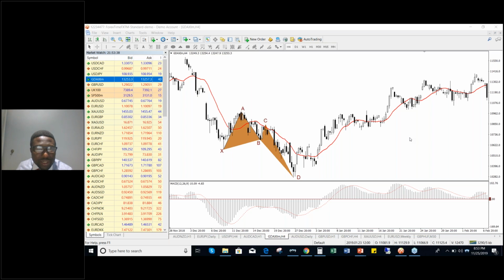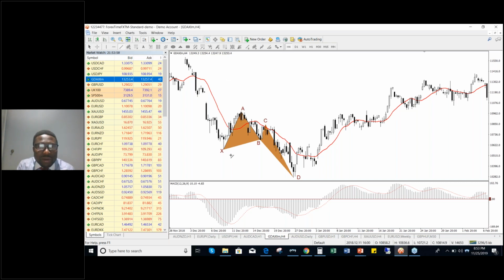Positive divergence, that's correct. Positive divergence, that's very good. Thank you. So we are considering positive divergence.